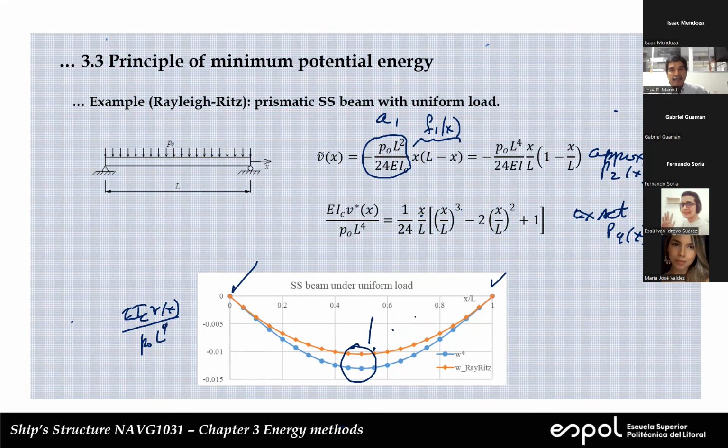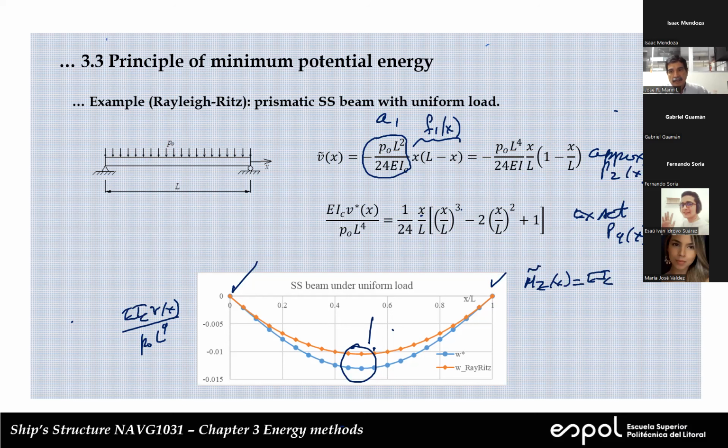So the bending moment, let's calculate the bending moment here. So it's going to be EI sub C, and we have to differentiate twice this thing, right? So we're going to get minus 2A1 times all of this.